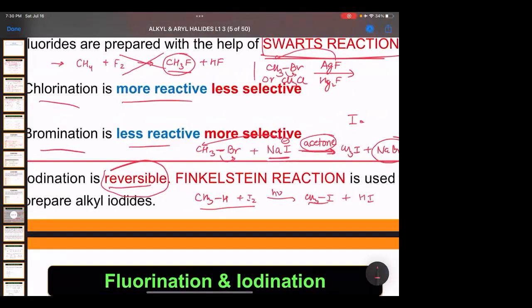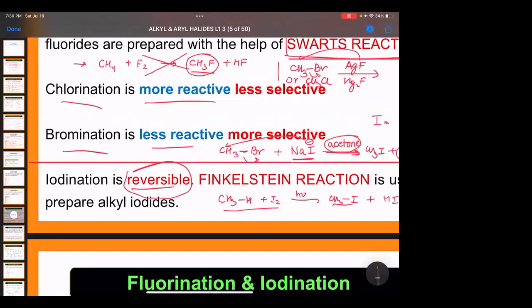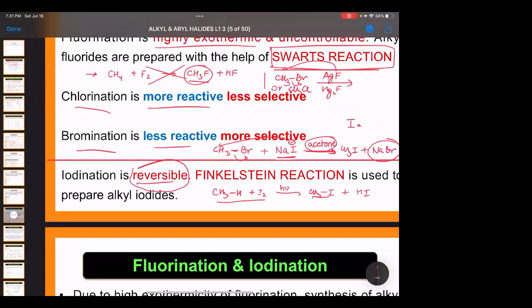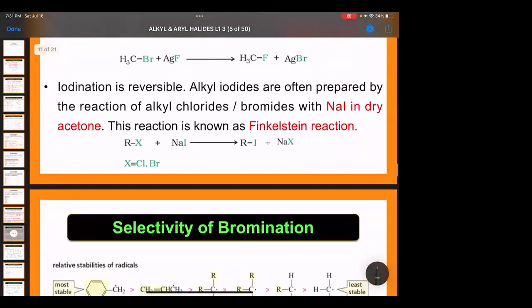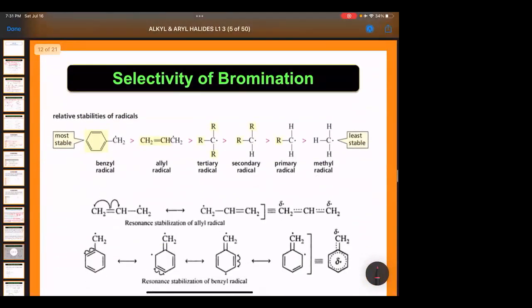This is very, very important. Yes, Krishna. Yes, sir. Chlorination is more reactive and less selective. Bromination is less reactive, more selective. What does it mean? Why have I written this here?